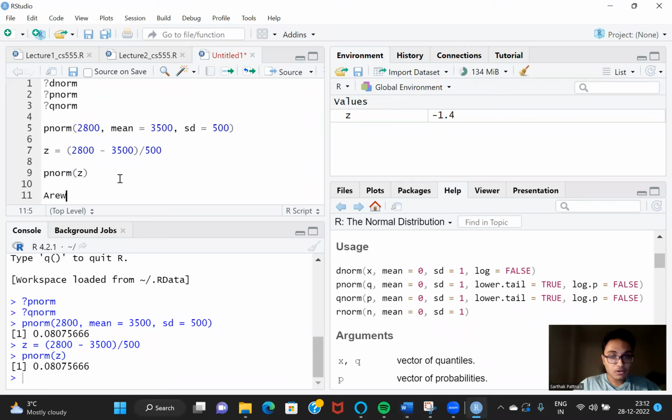So your proportion will be equal to pnorm of 3750, comma mean equal to 3500, minus pnorm of 3250 with the same mean and standard deviation.